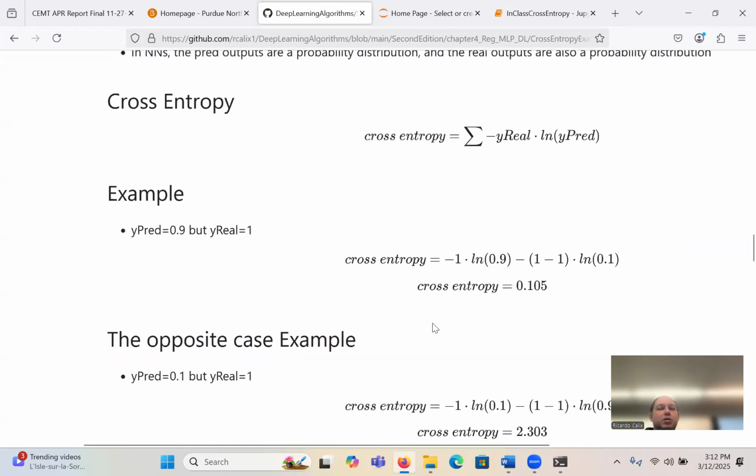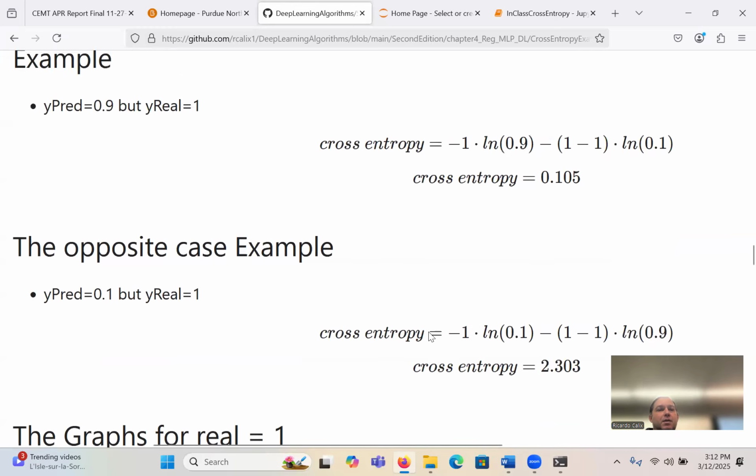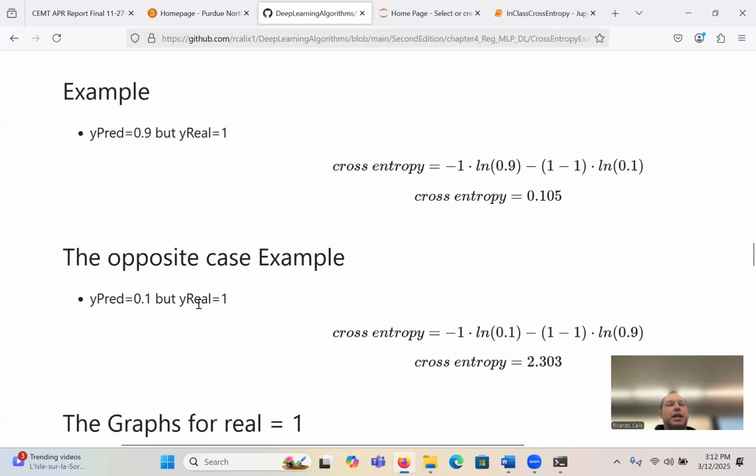All right, now let's look at the exact opposite case. So the class is still 1, cat, right? But the model says it's a cat with 0.1 probability, a much lower probability, right? It's 10% versus 90%.